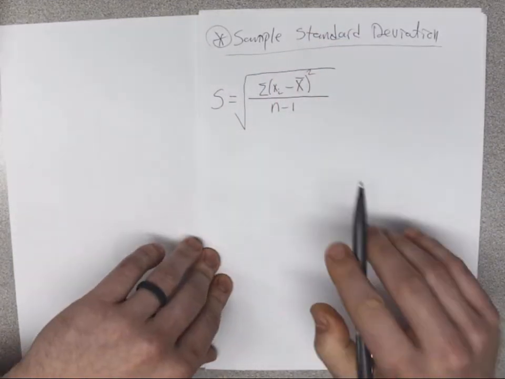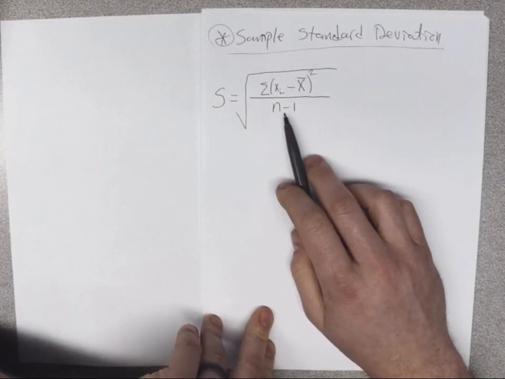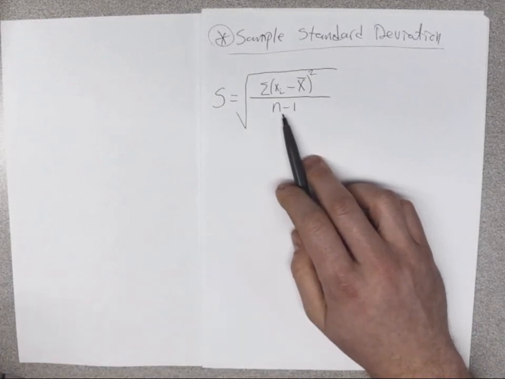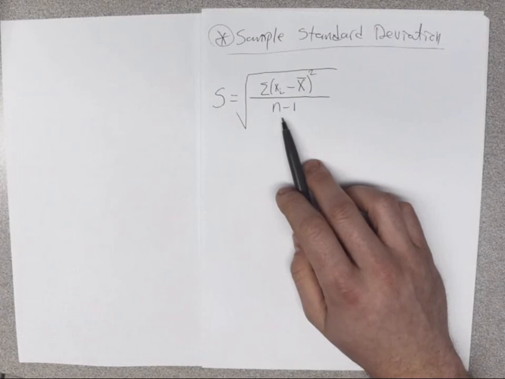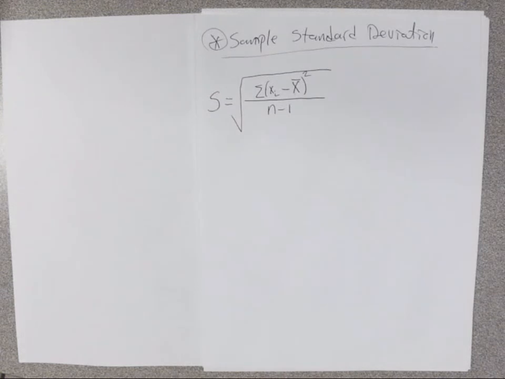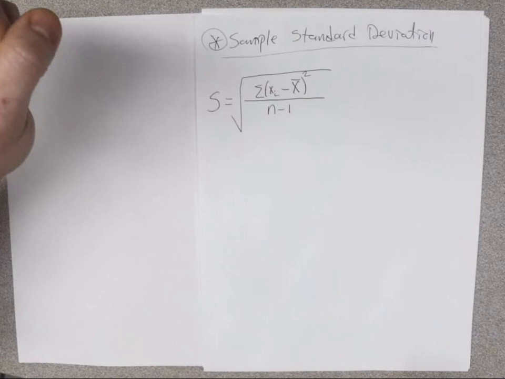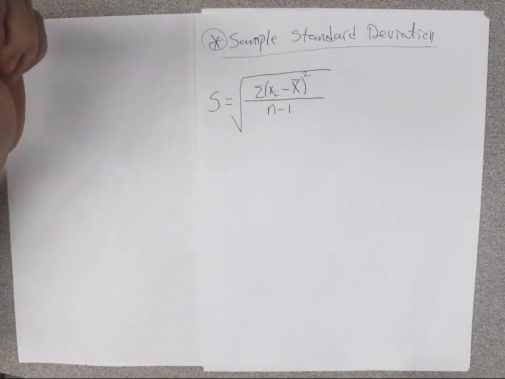The reason we have to divide by n minus 1 here is beyond the scope of this course, but to just tell you why it's there. We divide by n minus 1 because we have a sample. We're dealing with a sample. So that means we're going to have more variability in our results.